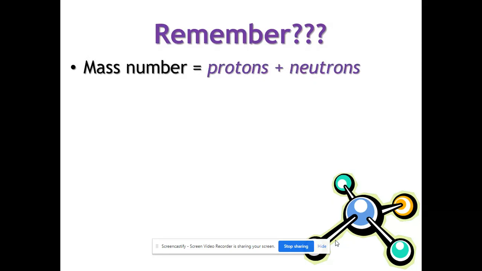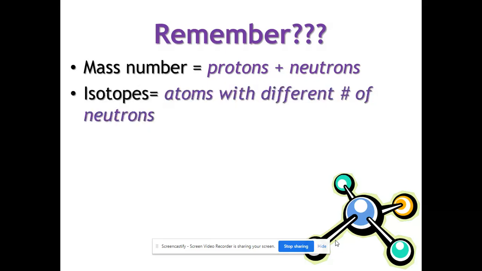Remember that the mass number, which is a rounded number that we usually use because we just take the atomic mass and round it, is our number of protons plus our number of neutrons. But remember that all atoms have isotopes.